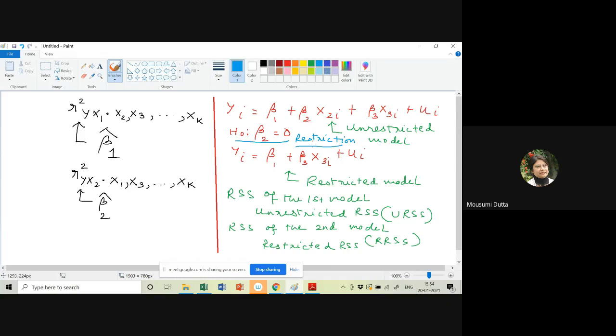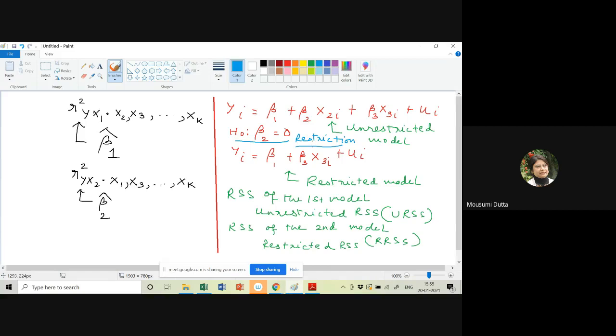So if I put these in the model, we get a restricted model. So whenever there is a null hypothesis, actually we have two models, unrestricted original model and a new model, which is the restricted model. So we have two RSS. With respect to the first model, we have URSS. With respect to the second model, we have RRSS.